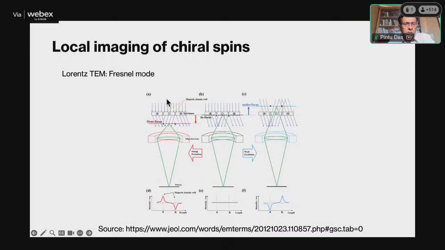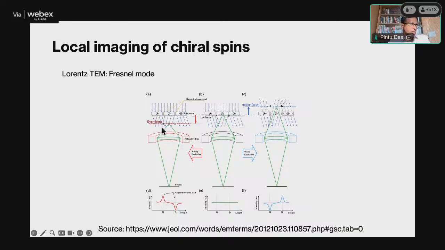This is in transmission mode, and we call it Lorentz transmission electron microscopy because the basic ingredient is that when these electrons move through the different magnetization in the specimen, they are affected by the Lorentz force and change their trajectory.